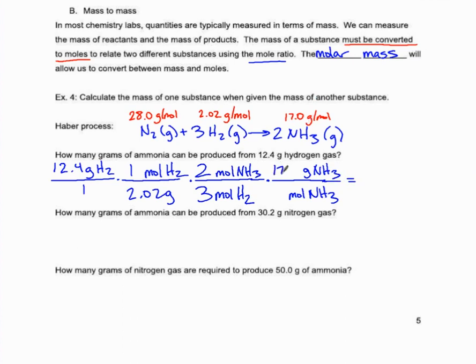It is 17.0 grams per 1 mole. Again, grams per mole, per 1 mole. This step has nothing to do with the mole ratio. It has nothing to do with the coefficients of the equation. The coefficients only show up in this single step and nowhere else.